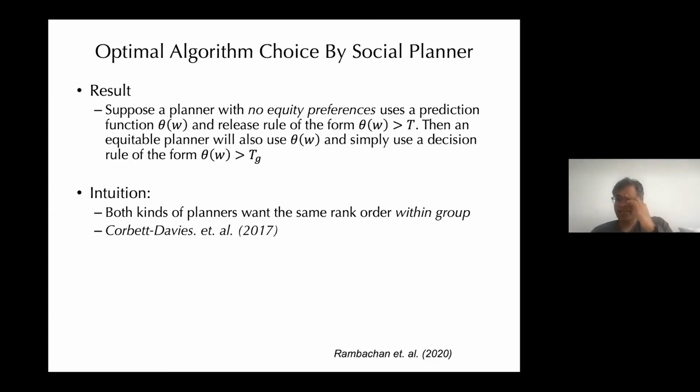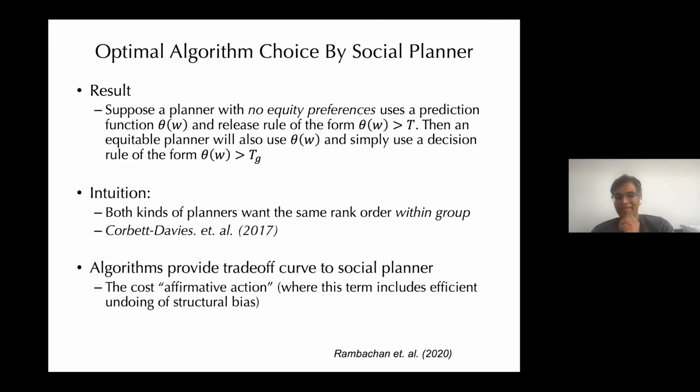A different way to say it is to say the algorithm that works with the data, you want the one that extracts all the information in the data. And that's the theta of W. If you have preferences, you want to impose them, and how that information is impounded into your choice rule, that's the threshold choice rule. So this is by way of saying, as a stark result, you actually don't want to change the algorithm at all. You basically just want to change the threshold.